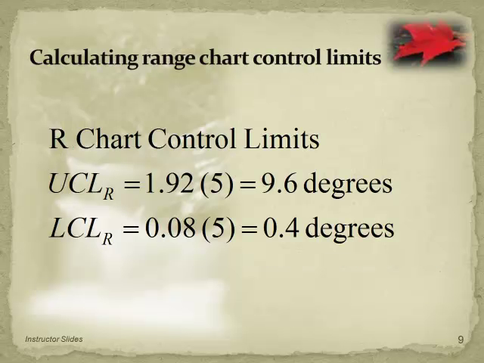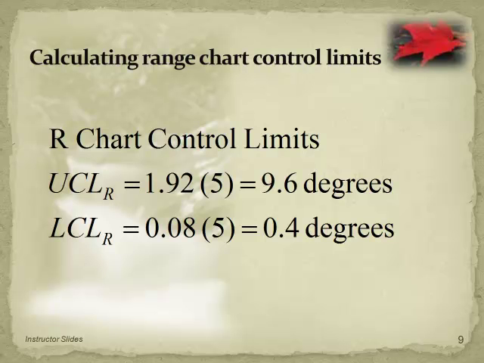Now, we need to do a range chart. So the formula for the range chart is shown here. The upper control limit is equal to D4 times R bar, and then the lower control limit is equal to D3 times R bar.